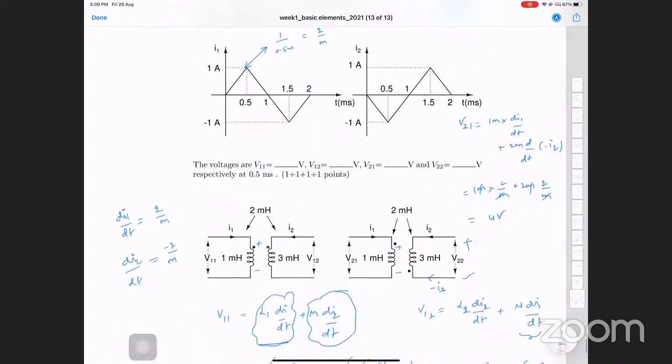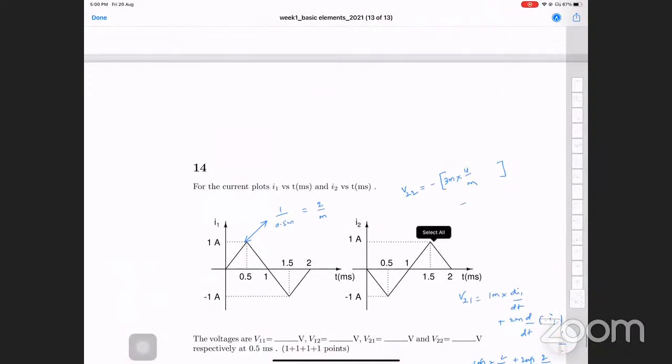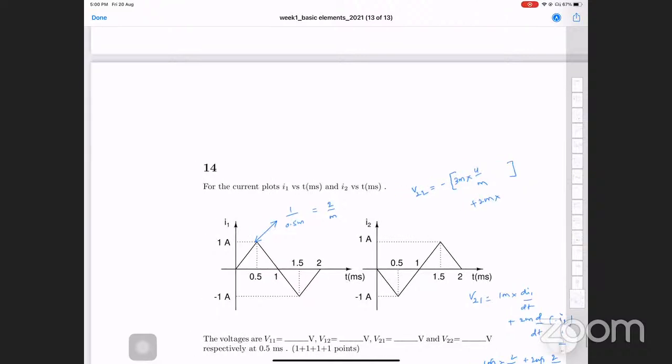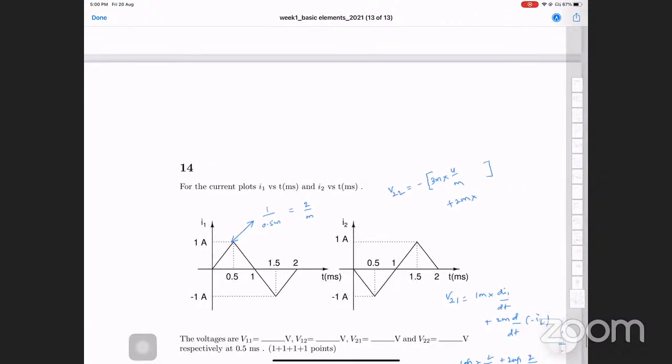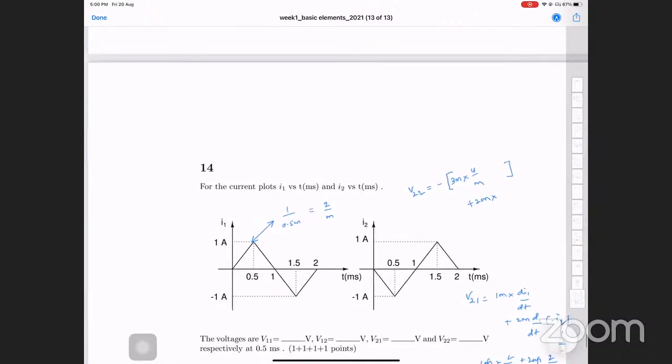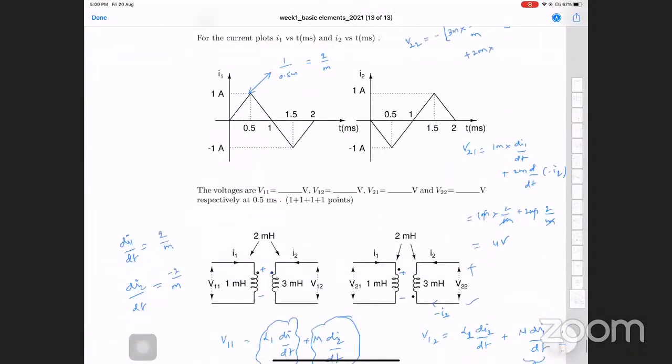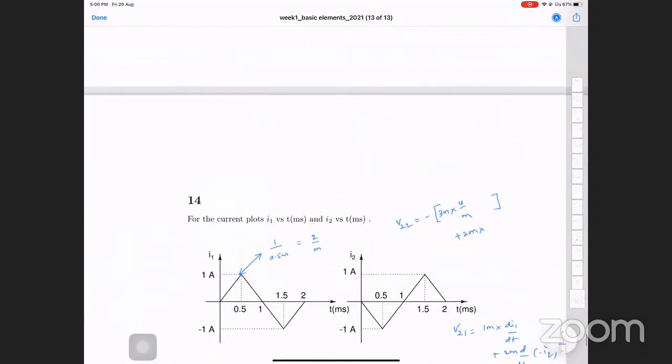And the current is entering the dotted terminal, so I get a plus voltage at the dotted terminal. So plus 2 milli is the mutual inductance, times di1 by dt, which we found to be 2 by milli. So milli cancels. So 4 times 3 is 12, 12 plus 4 is 16, minus 16 volts.